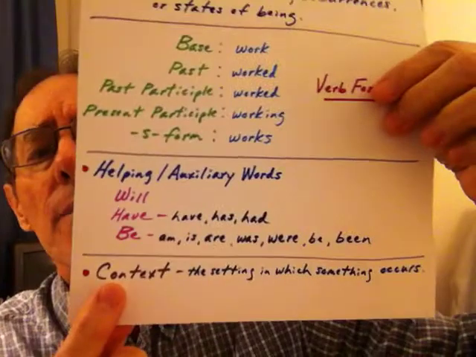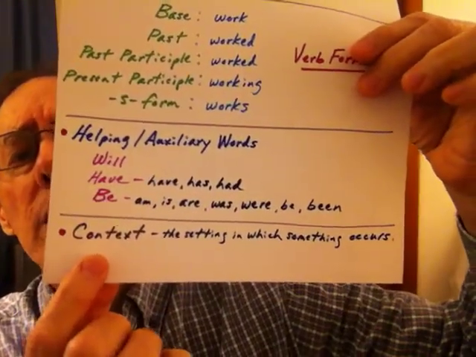And then finally, to impart tense to someone, in addition to the verb form and the helping verb, you have the context of the sentence. The context, just roughly speaking, is the setting in which something occurs.